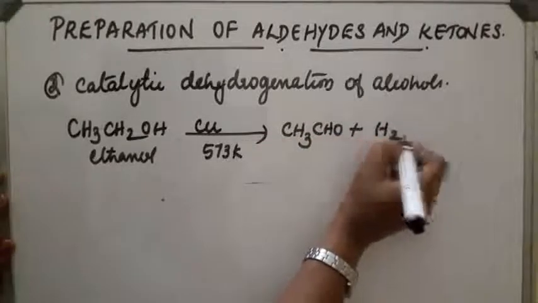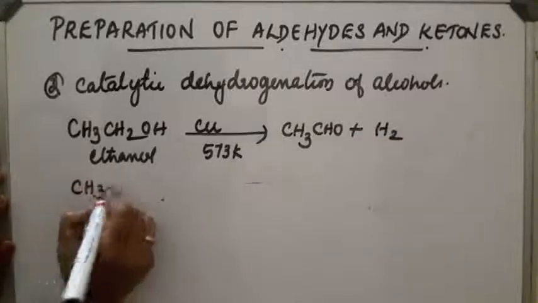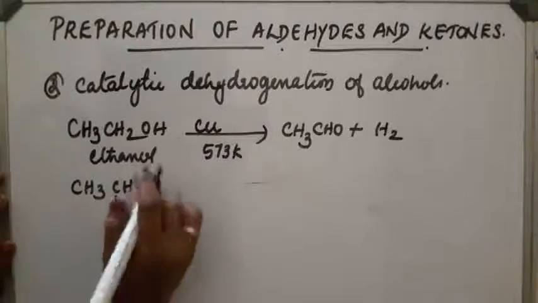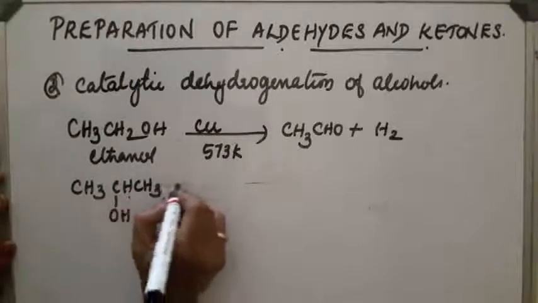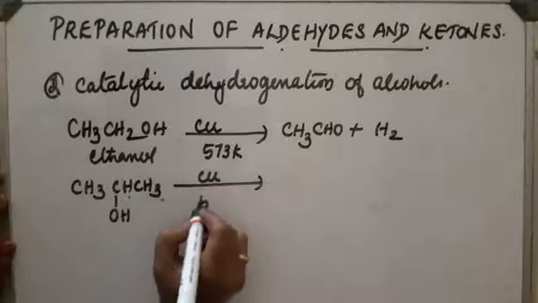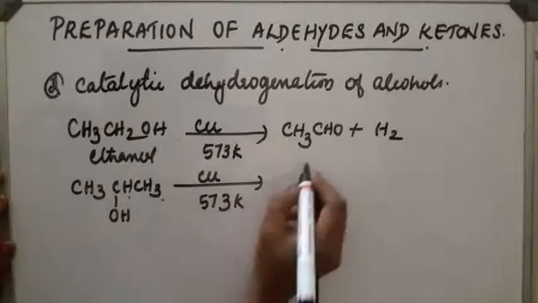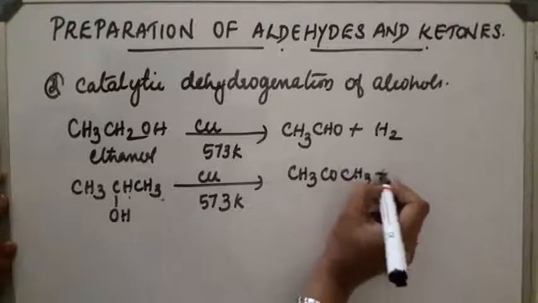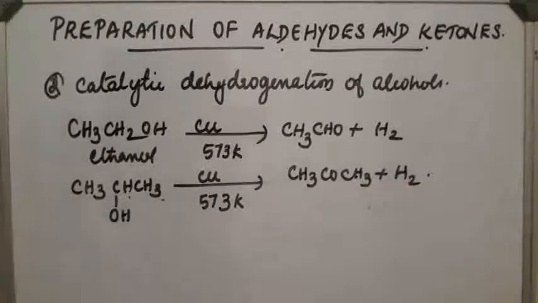Next, CH3CHOHCH3, secondary alcohol, in the same reaction gets converted into CH3COCH3 plus H2. So dehydrogenation takes place and forms aldehydes and ketones.